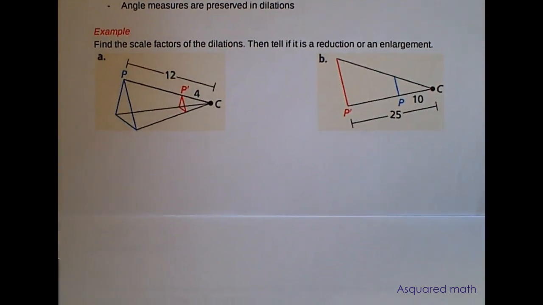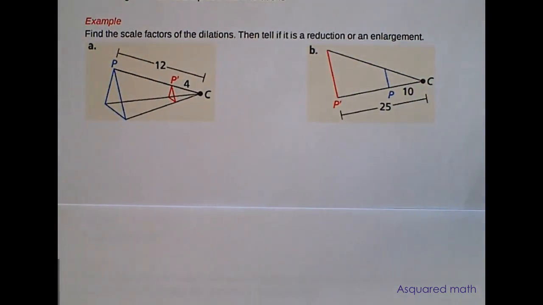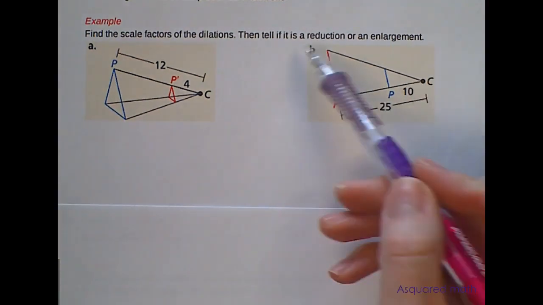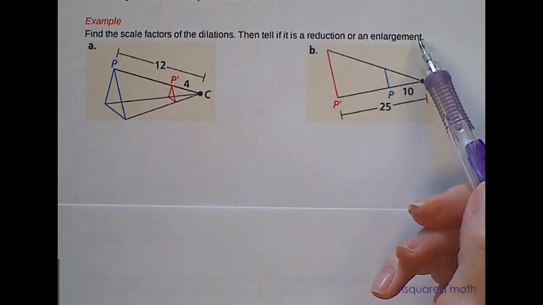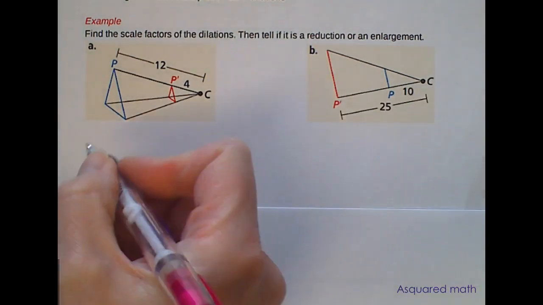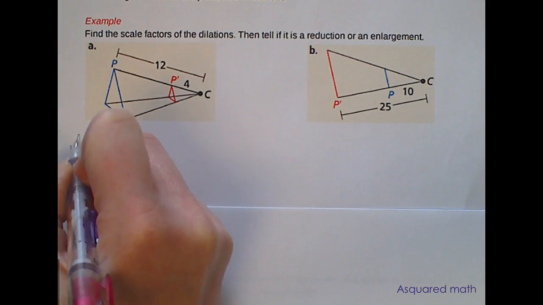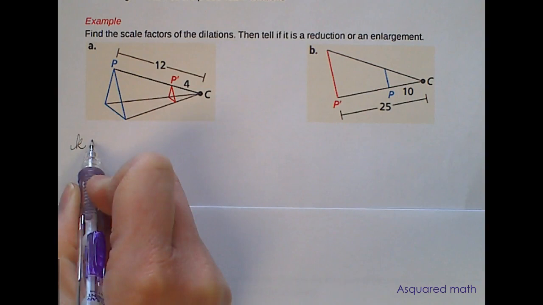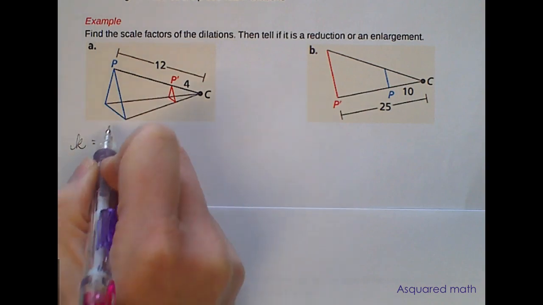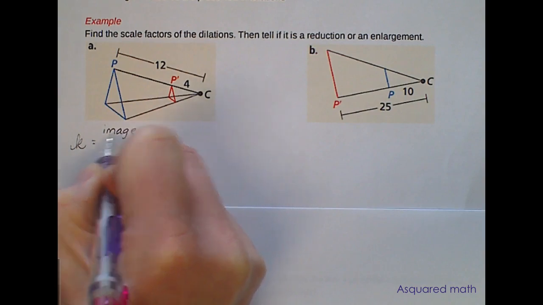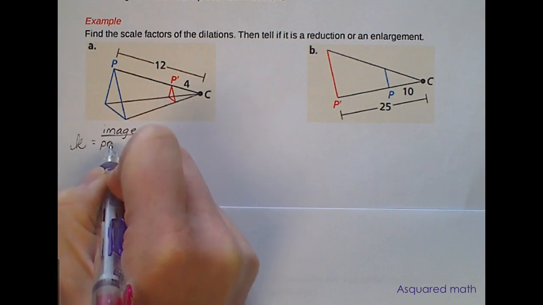We'll take a look at these two examples. So we want to find the scale factors of these dilations and then tell if it's a reduction or an enlargement. Are we making the image bigger or are we making it smaller? One thing you need to know when we are looking at scale factors, the scale factor again is abbreviated with the letter K. You're actually going to look at the ratio of your final image to your pre-image.